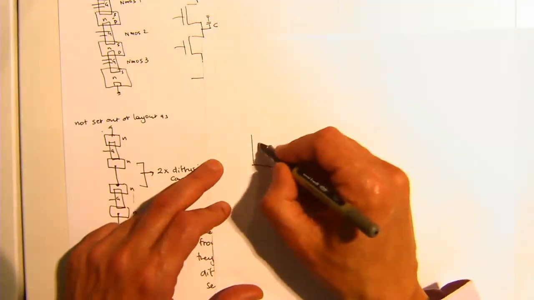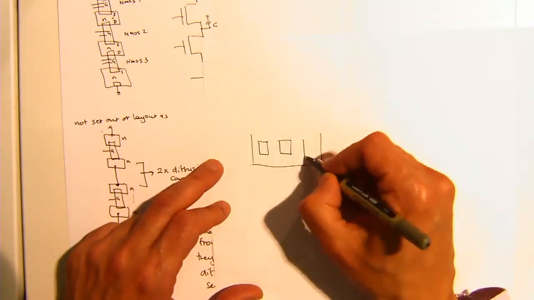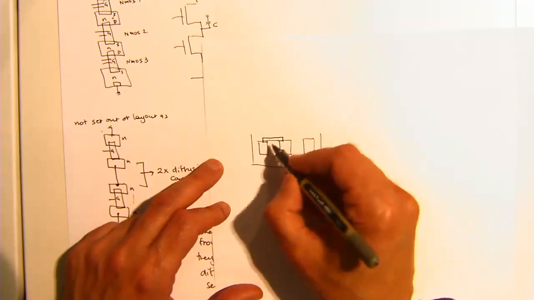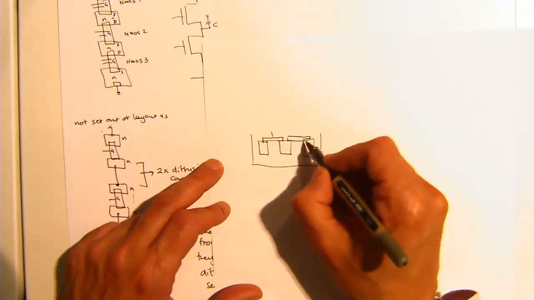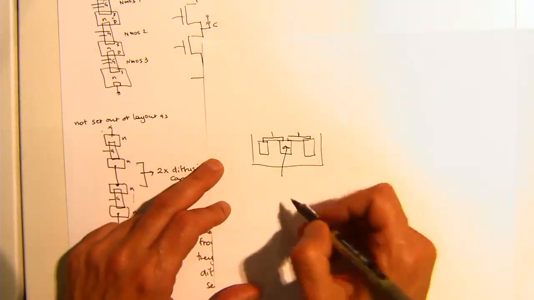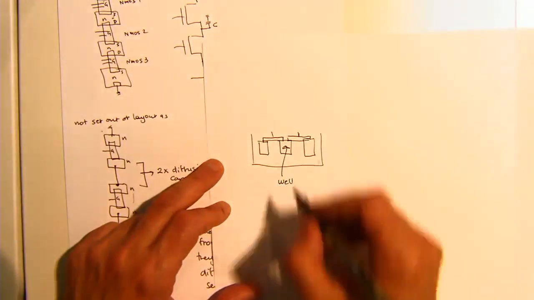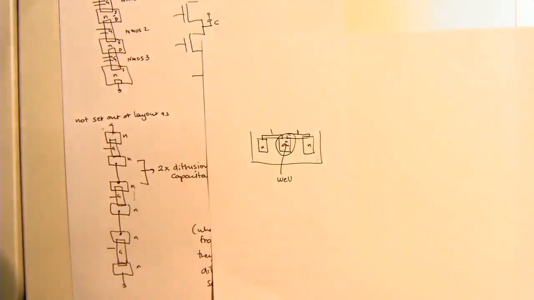Essentially, what you're doing is you've got an N-well, an N-well, an N-well, and you've got the gate and the gate, and you're actually sharing this N-well. So you share this N-well, right?